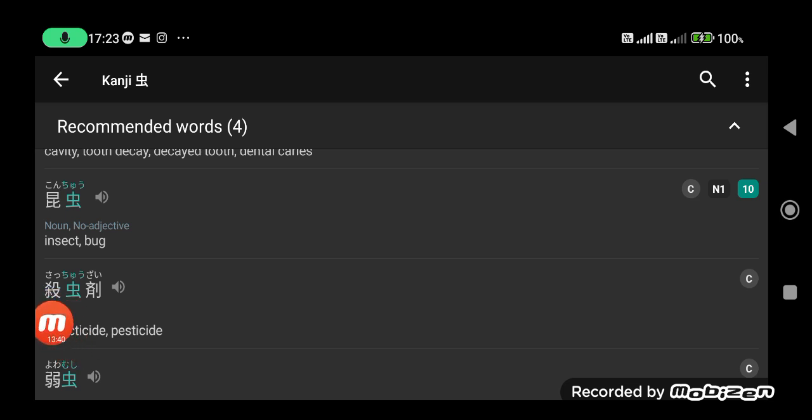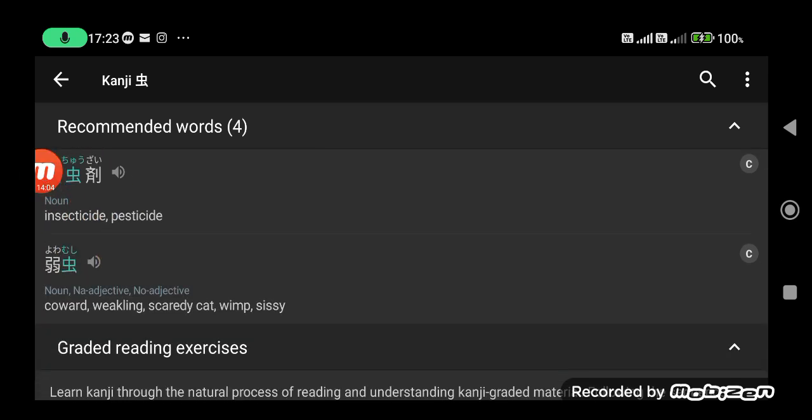Satchuzai, the first kanji means to kill, satsu. So it has a tsu at the end, so the second kanji will receive an emphasized or doubled consonant. The full fukugo is satchuzai, and it means insecticide or pesticide.